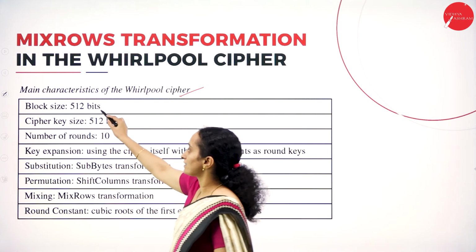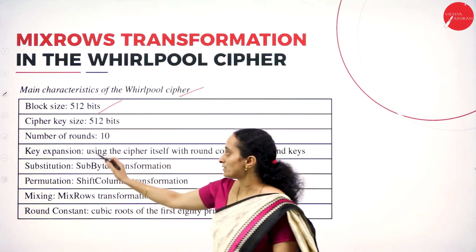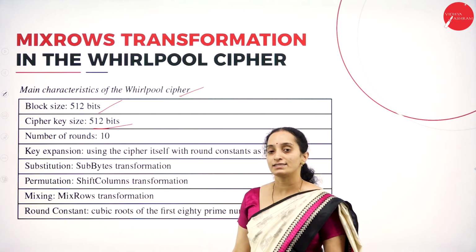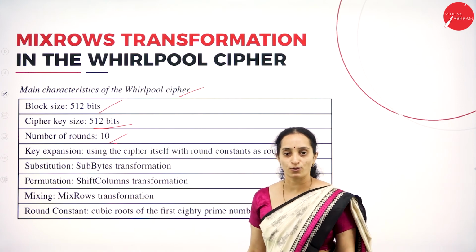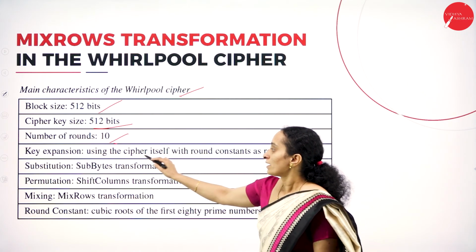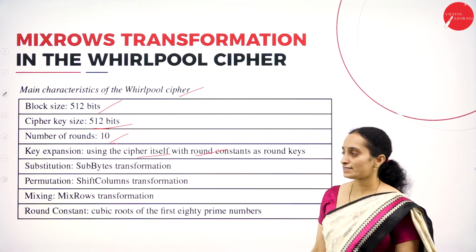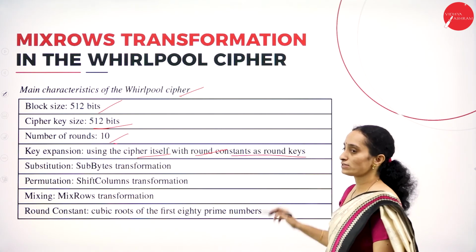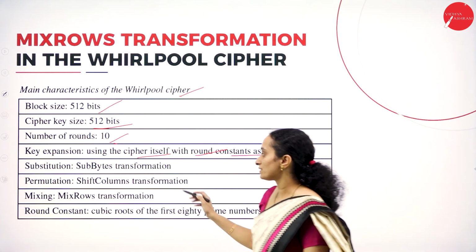Now we have the main characteristics of the Whirlpool cipher. The block size we fix is 512 bits. Cipher key size is also 512 bits. Number of rounds we follow is 10. There will be key expansion using the cipher itself with round constants that are used as the round keys in each of the steps.